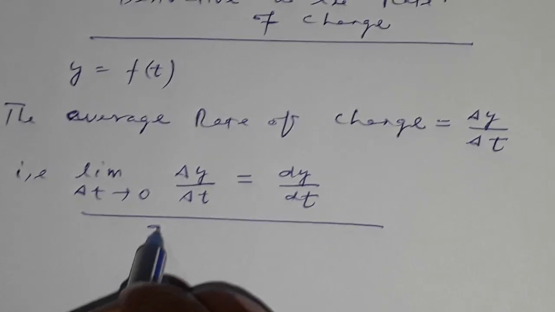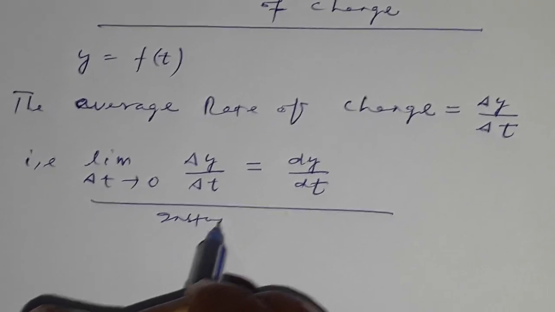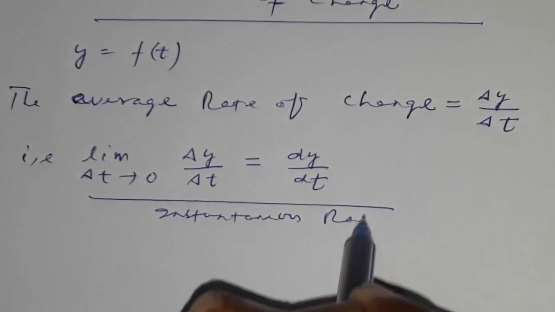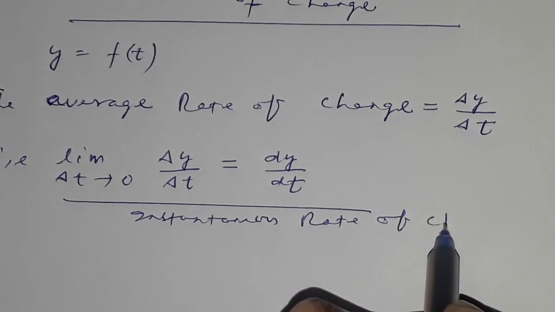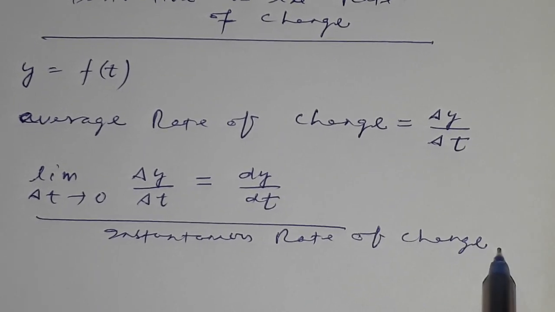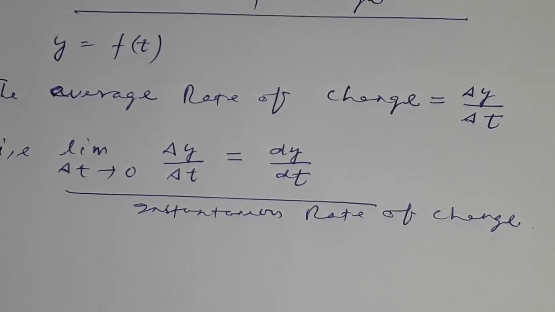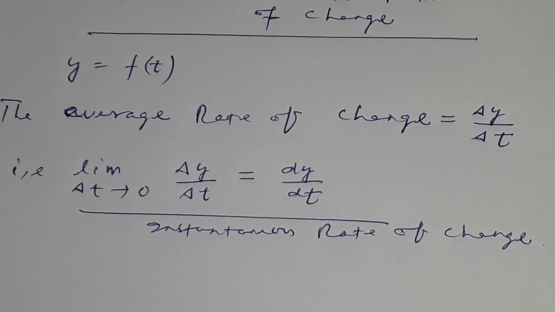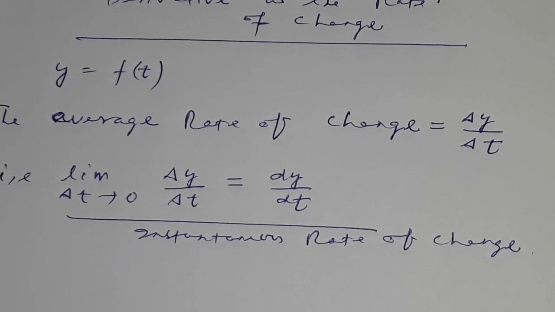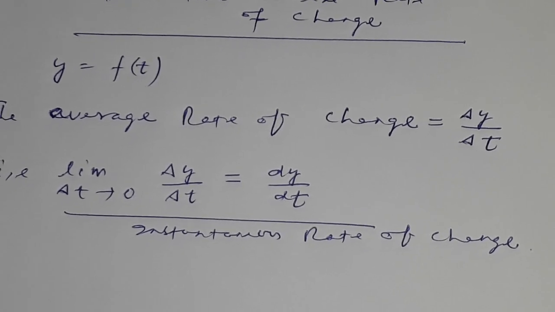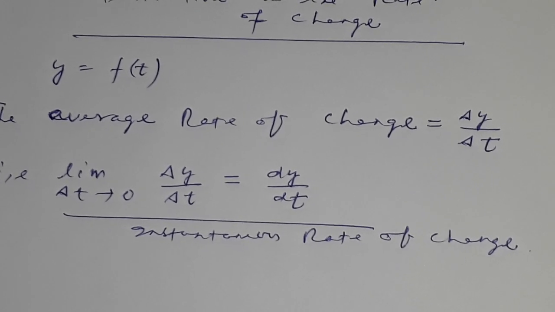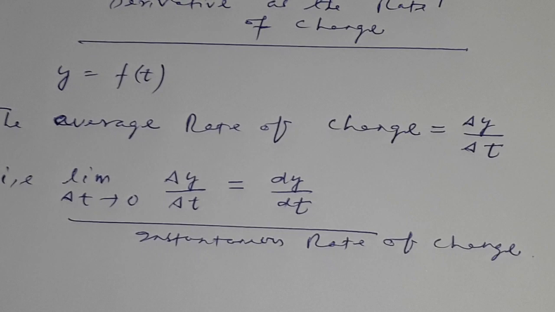This is instantaneous rate of change. Hence, it is clear that the rate of change of any variable with respect to some other variable is derivative of first variable with respect to other variable.